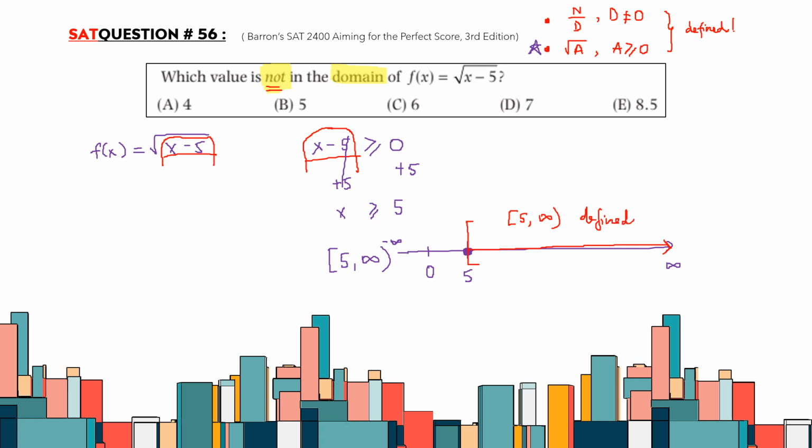But this one they're asking for not defined, so something has to be from here below. So it will be from negative infinity to 5, not including 5. In that interval, f of x is not defined.